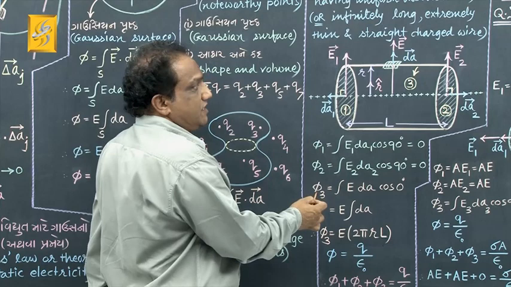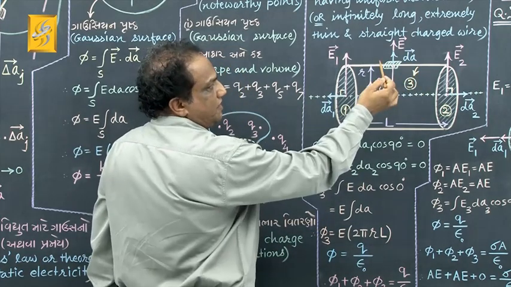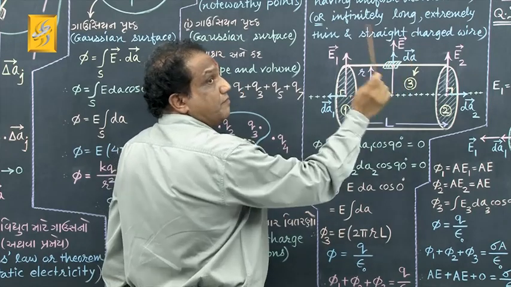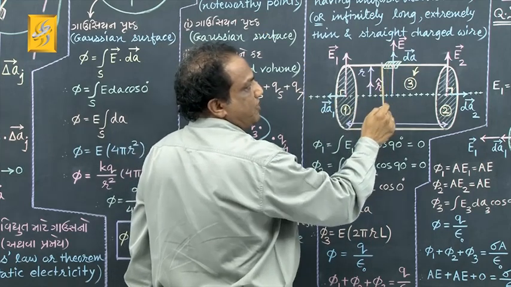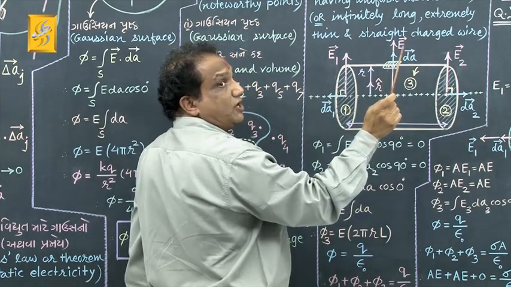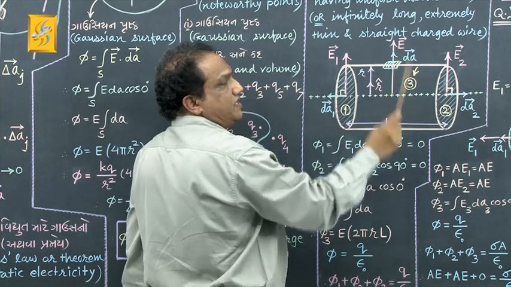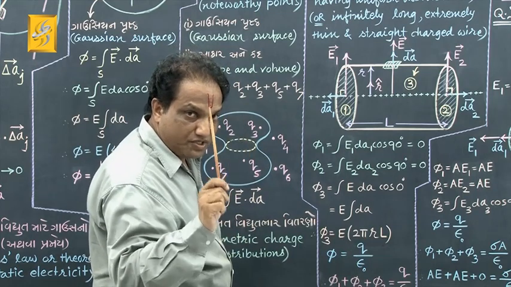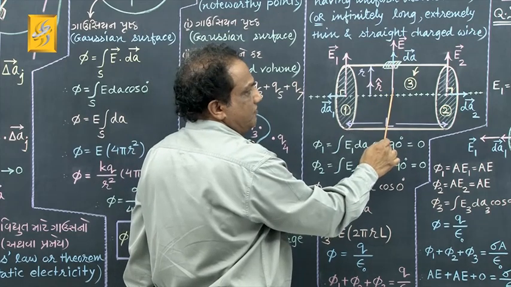What about the electric flux linked with the third part of this Gaussian surface? I am showing you. Consider some area element here having area dA, but so far as the area vector is concerned, you must show it perpendicular to the plane of the area element, and that too for a closed surface perpendicularly outward. And so far as the electric field is concerned, just now I said perpendicular to the line of charge, but because it is made up of positive charges, perpendicularly away from the line of charge.